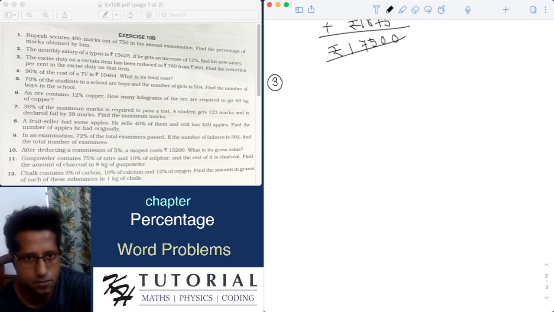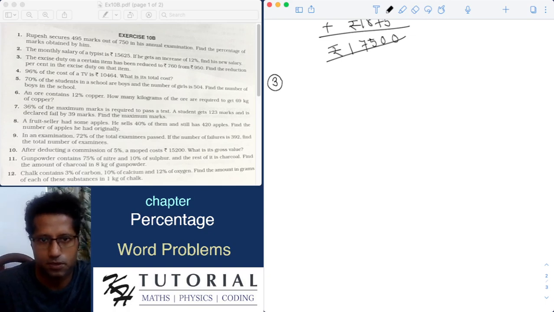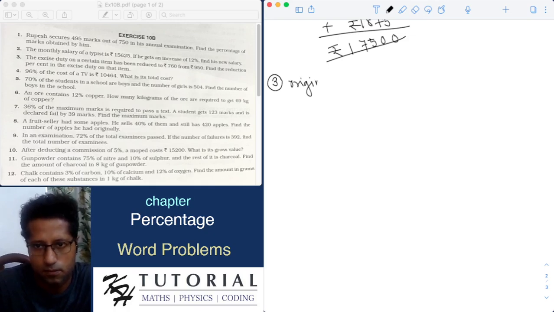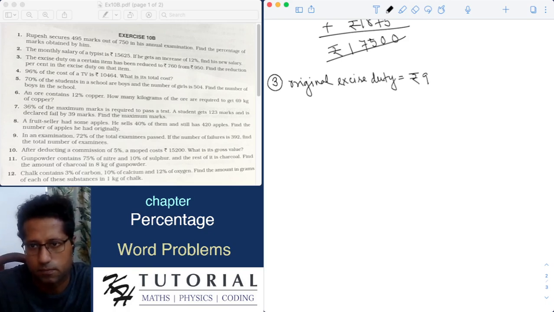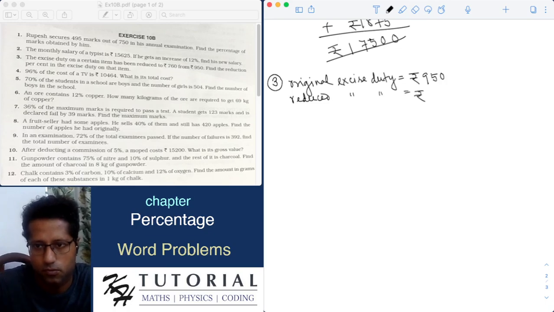Find the reduction percent, which means whatever amount was reduced, as a percentage of that amount. The excise duty on a certain item has been reduced from the original excise duty, which is given to be rupees 950. The reduced excise duty is rupees 760.